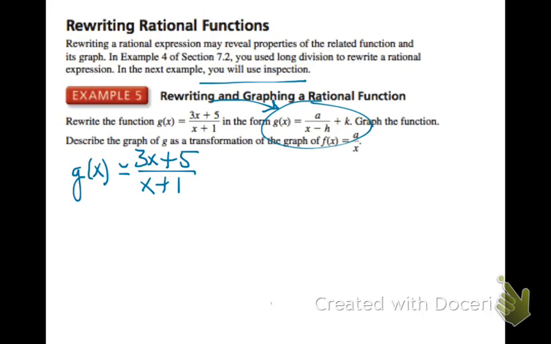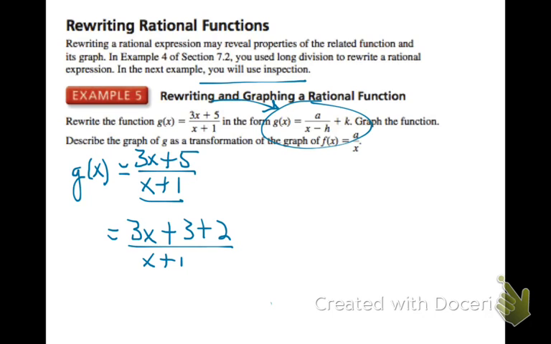So if you look at the numerator and denominator, one way is to try to rearrange the numerator so that we have an expression of x plus 1. So we could rewrite 3x plus 5 as 3x plus 3 and then plus 2.